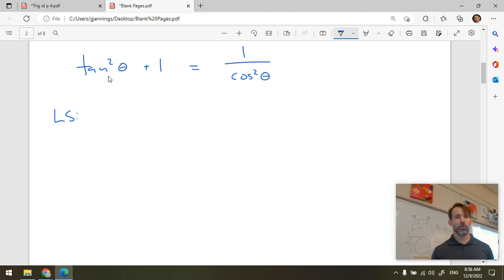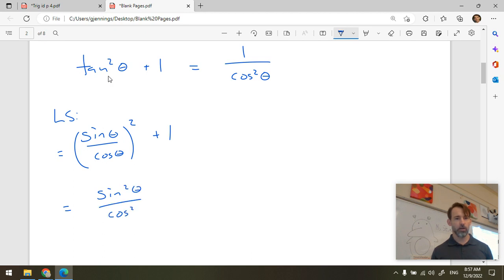We're going to say tan squared theta is equal to sine theta over cosine theta, but the whole thing is squared, plus 1. All right. I see that I'm going to have a denominator cosine squared theta on the bottom there. So let's keep going. Sine squared theta over cosine squared theta.